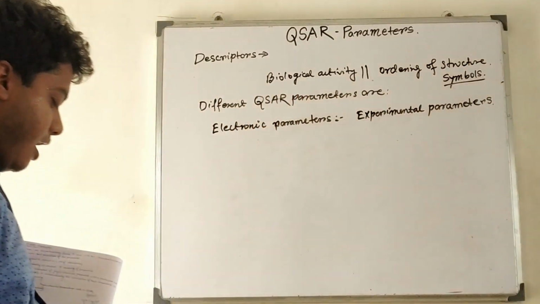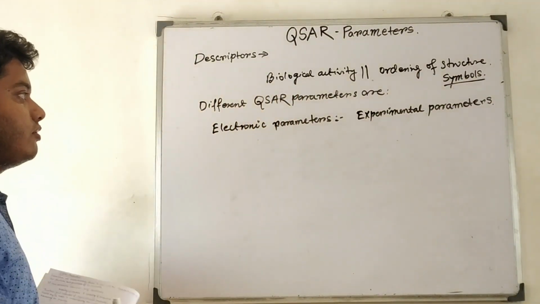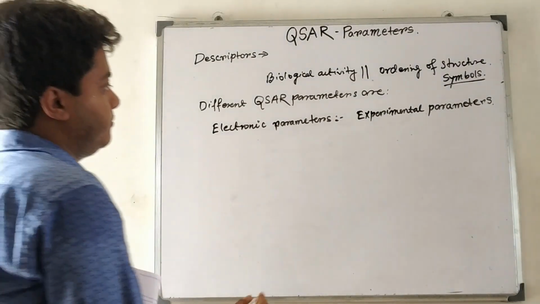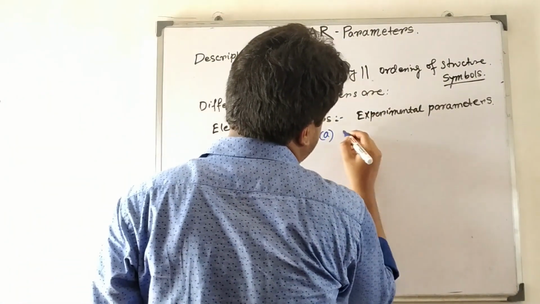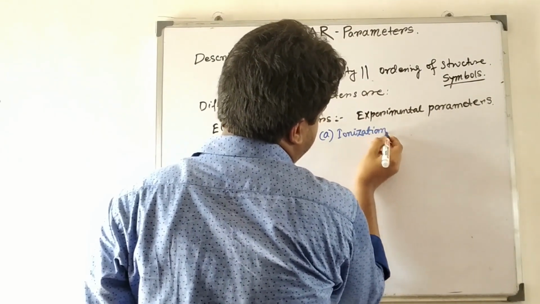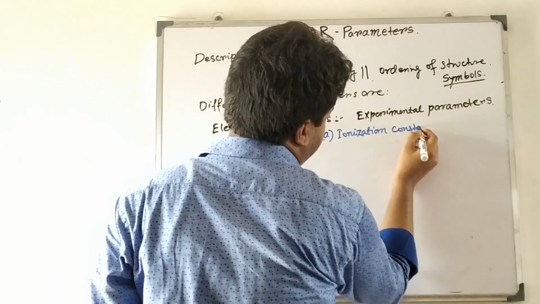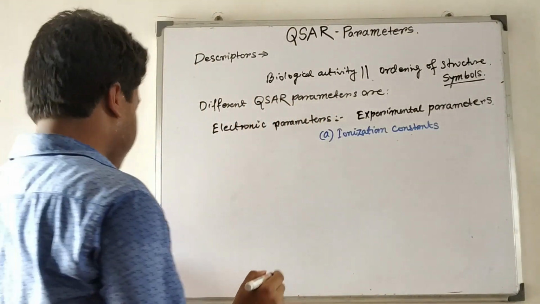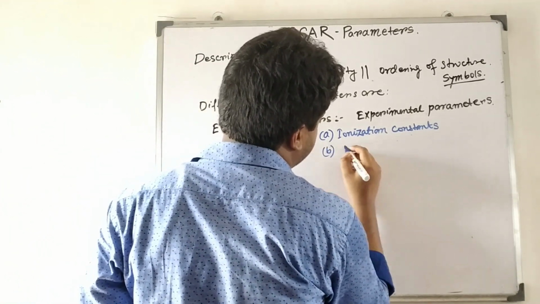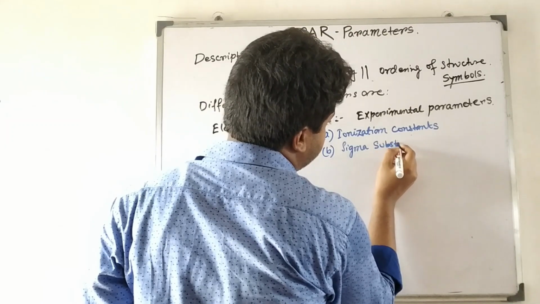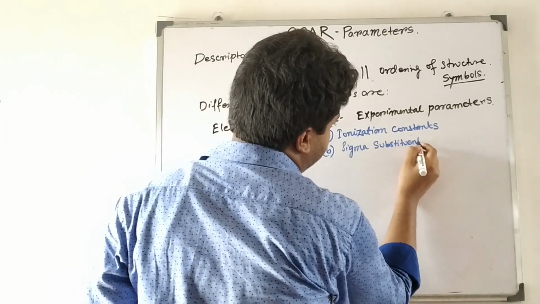There we have ionization constants. Then we have the sigma substituent constant.